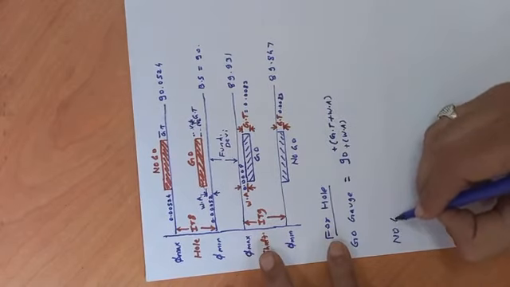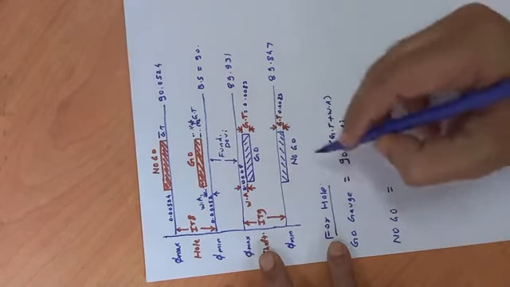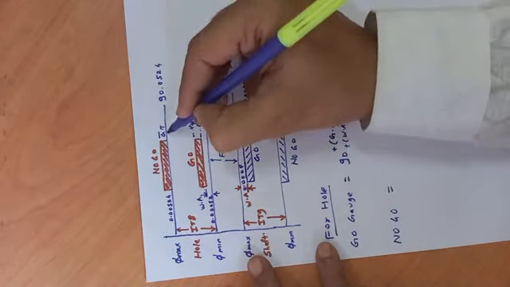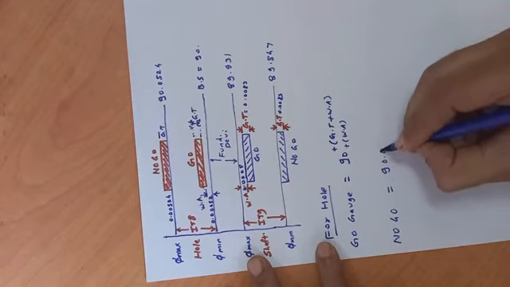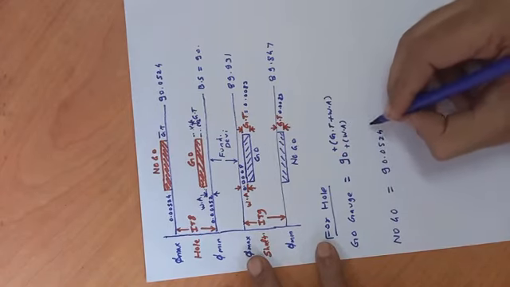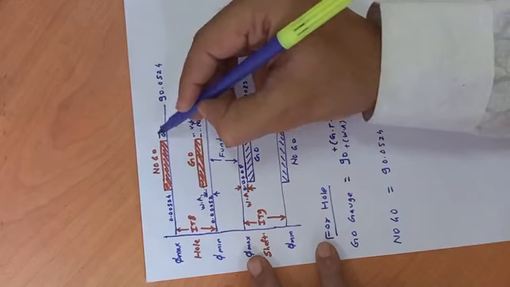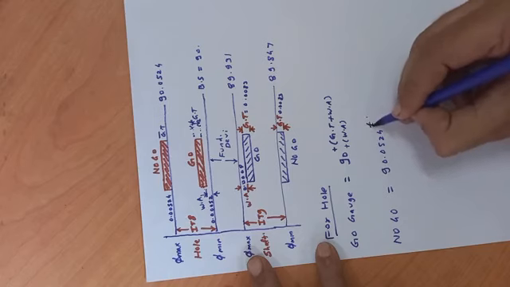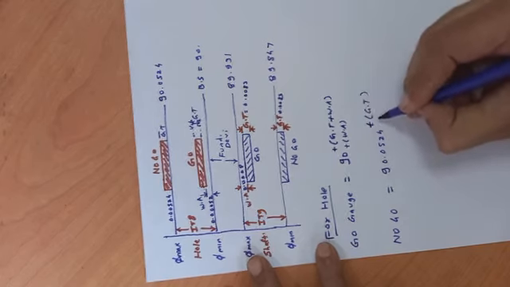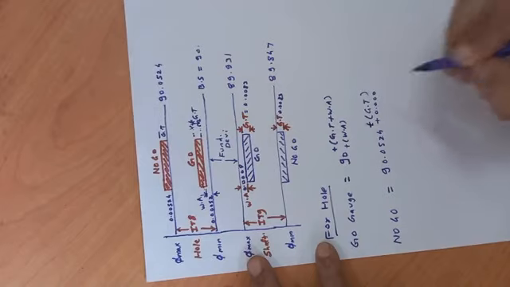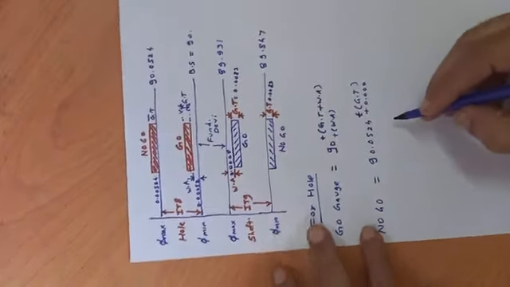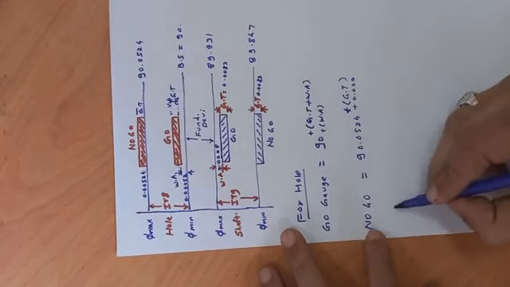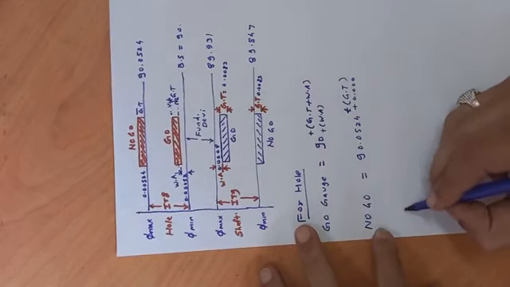So for no go, it is up to 90.0524. So it may go up to this value, up to plus gauge tolerance. Okay. So these are the values for go gauge and no go gauge to check hole.